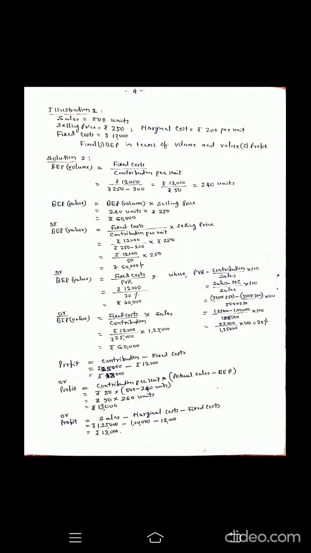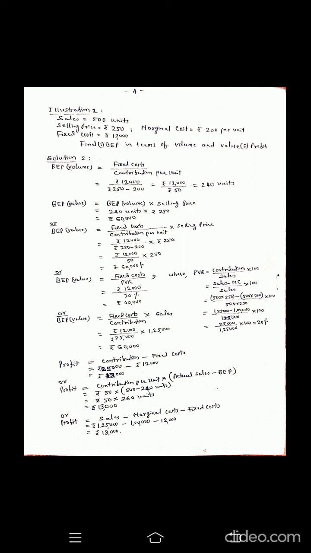Now, BEP in terms of volume is equal to fixed costs divided by contribution per unit. That is equal to rupees 12,000 divided by 250 minus 200. Contribution per unit is equal to selling price minus variable cost per unit or marginal cost per unit.